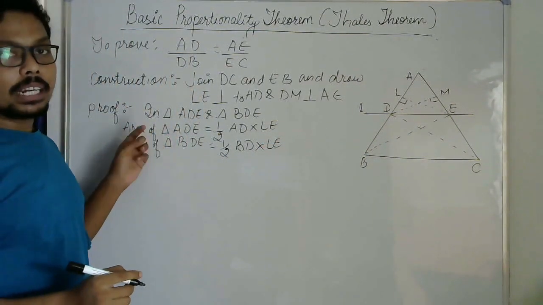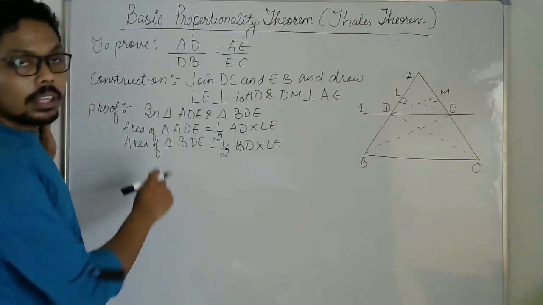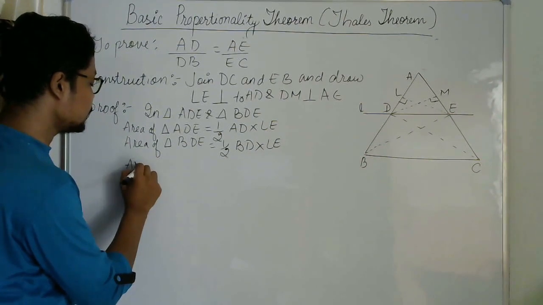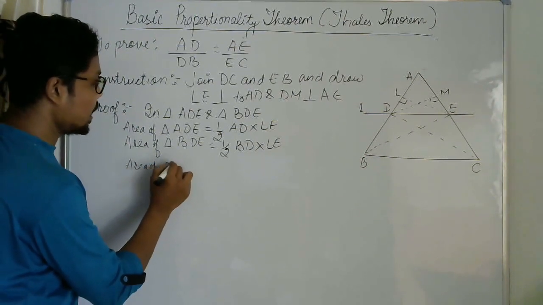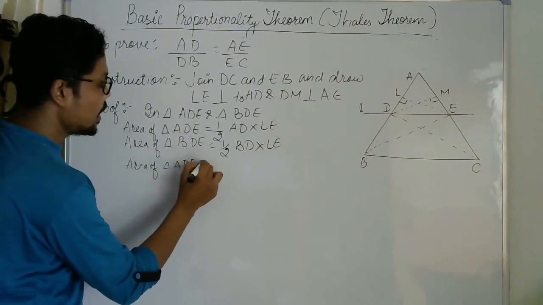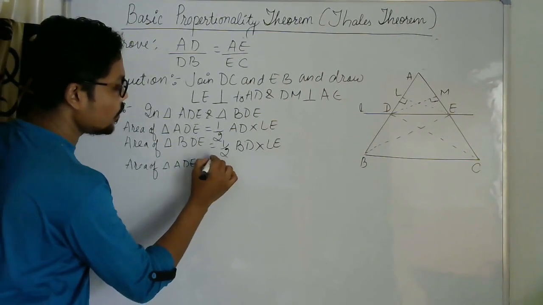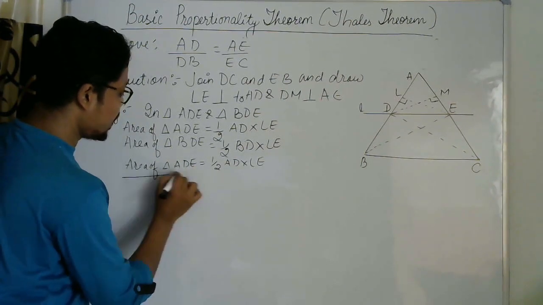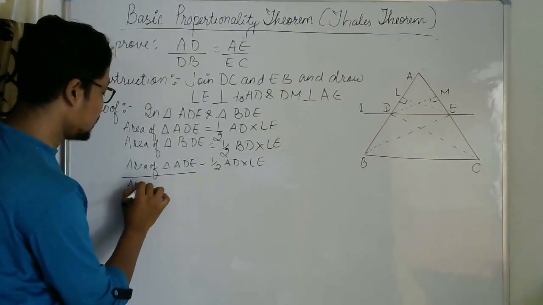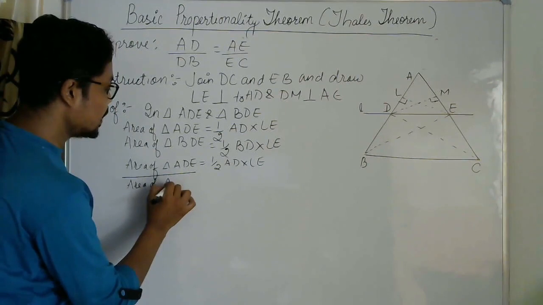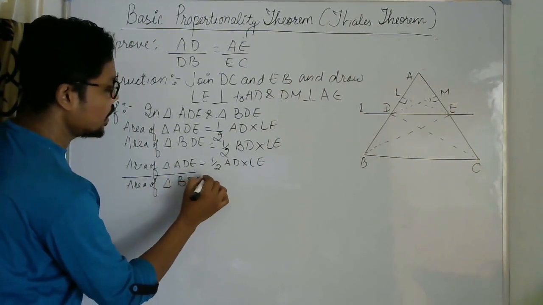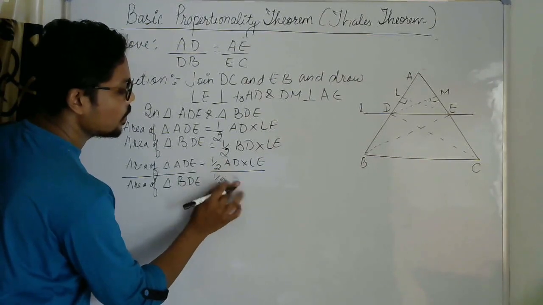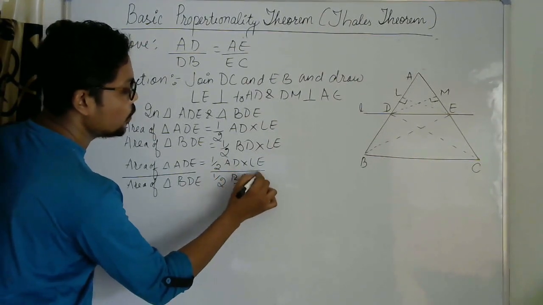Now what I will do is divide these two areas. So the area of triangle ADE is equal to half AD into LE, divided by the area of triangle BDE, that will be half BD into LE.